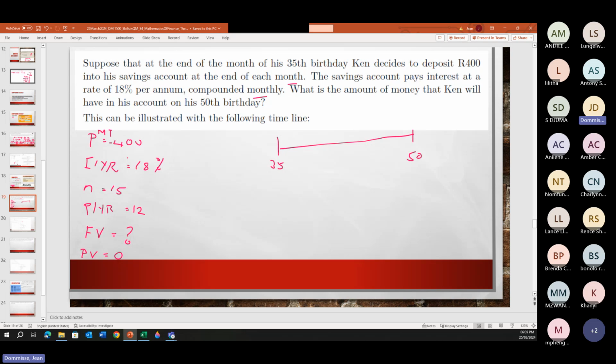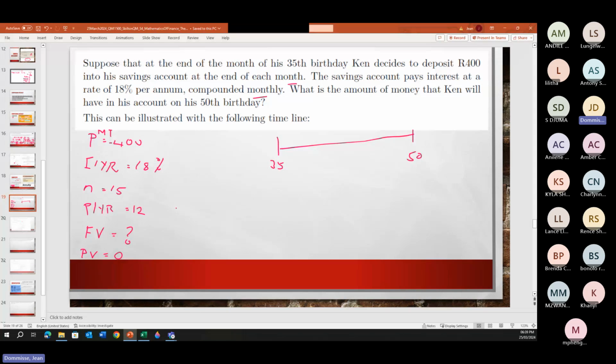Okay, PMT minus 400. So that is our monthly payment into this savings account. It is 18% interest. They told us that it is monthly, so it's 12 times per year for 15 years.